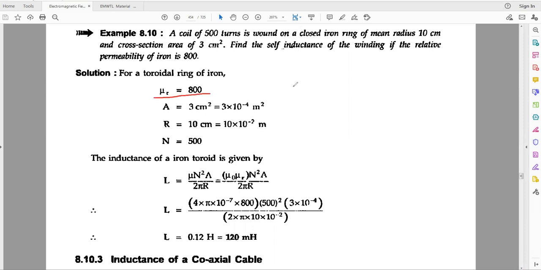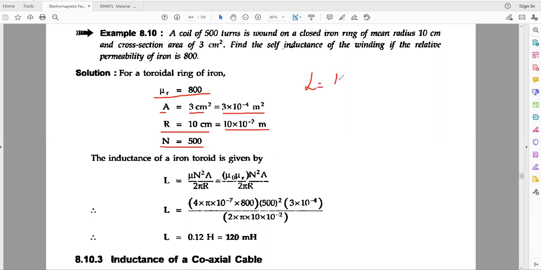Given here the relative permeability mu r is equal to 800, and the cross-sectional area is 3 centimeters square, converted to meters as 3 into 10 to the power of minus 4. R, the mean radius, is 10 centimeters, converted to meters, because we get ampere meter in mu and mu naught. N is equal to 500.